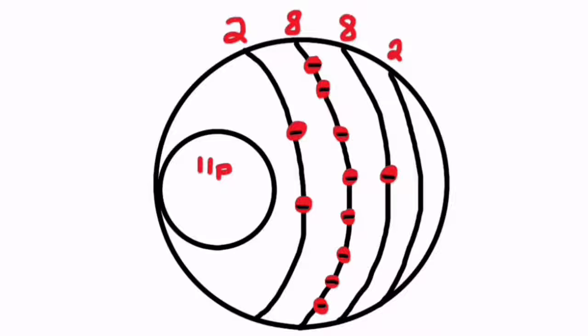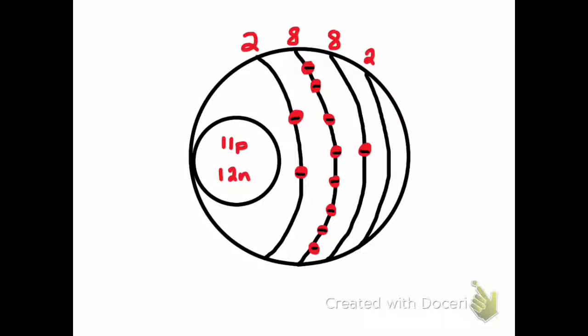So we are going to take away that 1. It's going to go flying off somewhere else. Then the number of electrons changes, so it is an ion now.